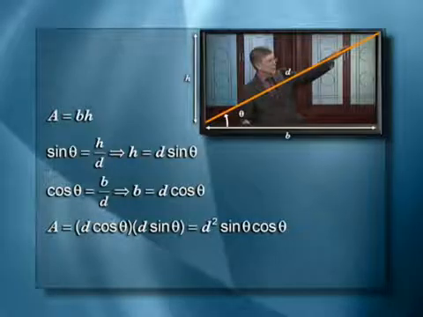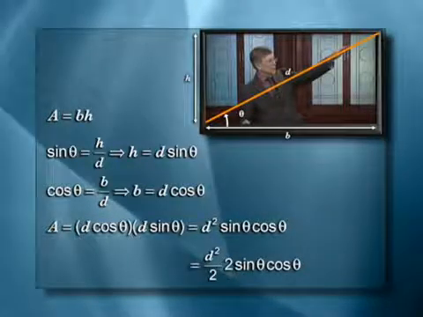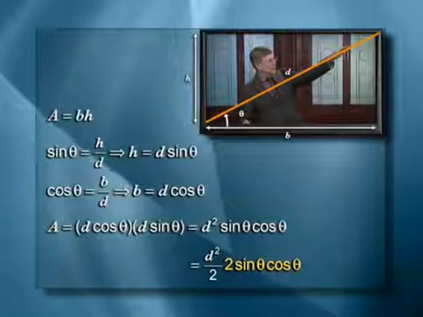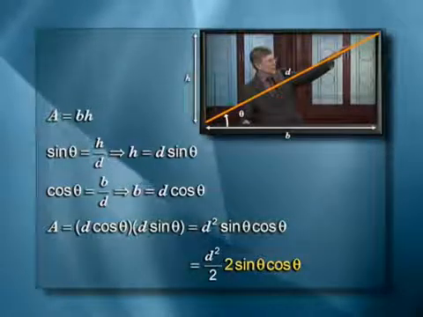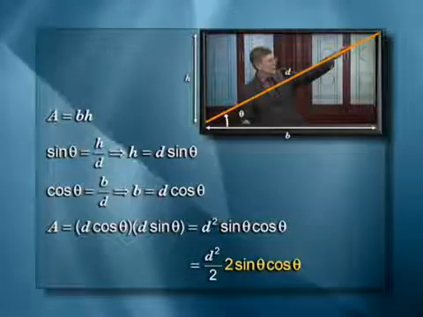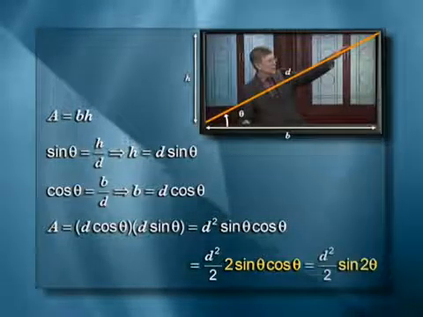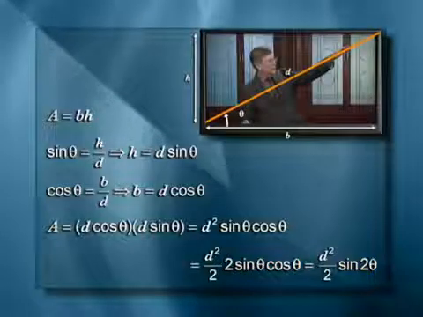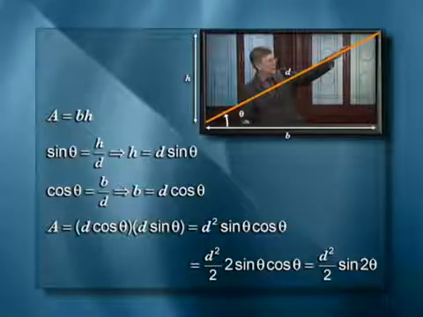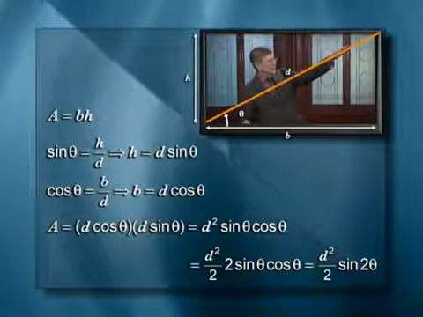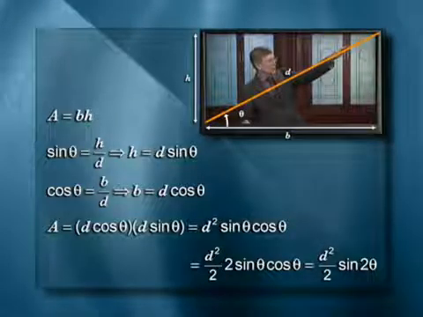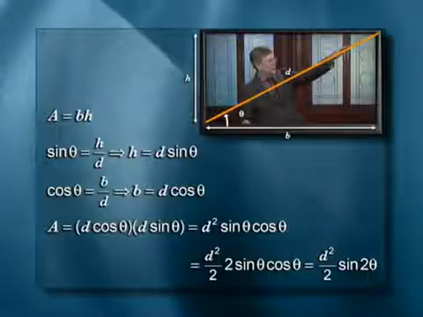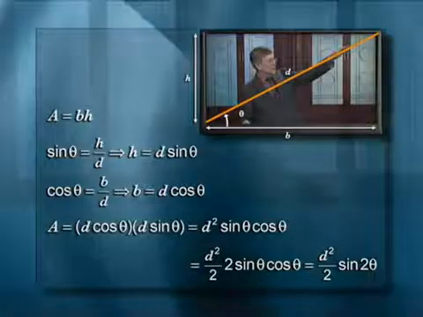Now I can do a little trick: multiply that by 2 and divide by 2, and magically you see the expression 2 sine theta cosine theta, which is nothing more than sine 2 theta by one of our new formulas. So I've expressed the viewing area as D squared over 2 times sine 2 theta. You give me a value of D and a value of theta, I'll tell you the viewing area.